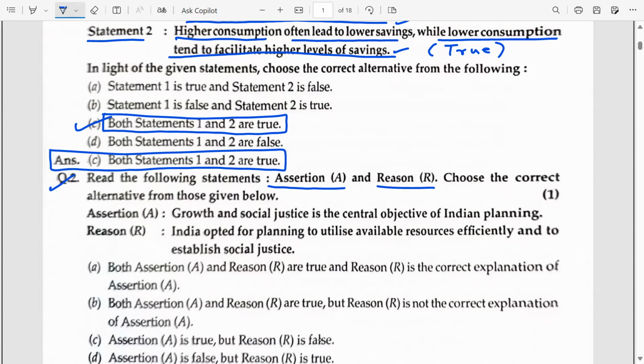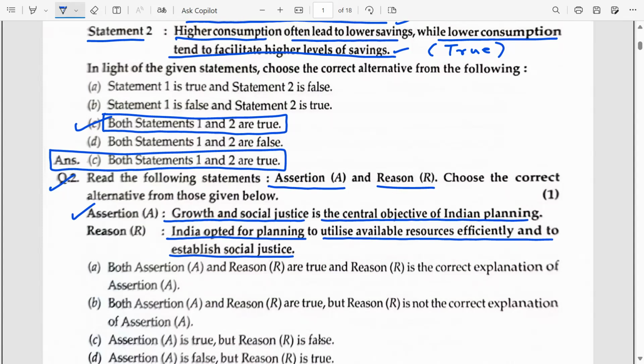These kinds of problems often come up in the CBSE exam for economics. Let's look at the assertion: growth and social justice is the central objective of Indian planning. The reason: India opted for planning to utilize available resources efficiently to establish social justice. First, let's check whether the assertion and the reason are correct or not.